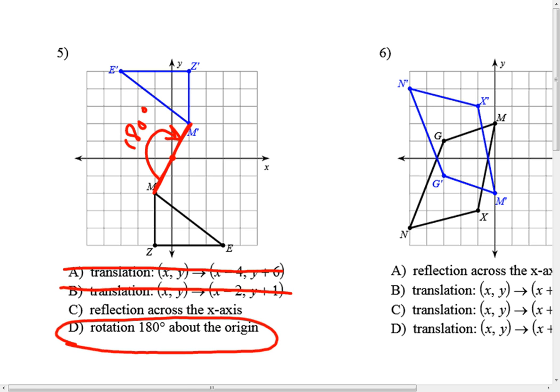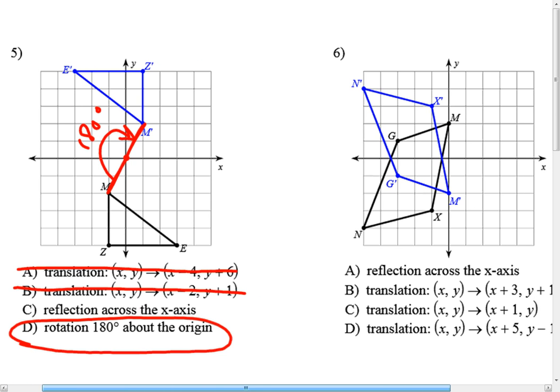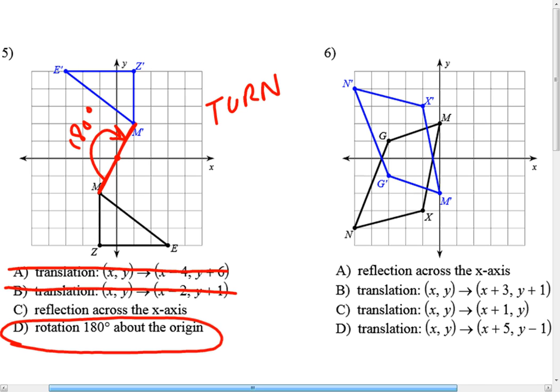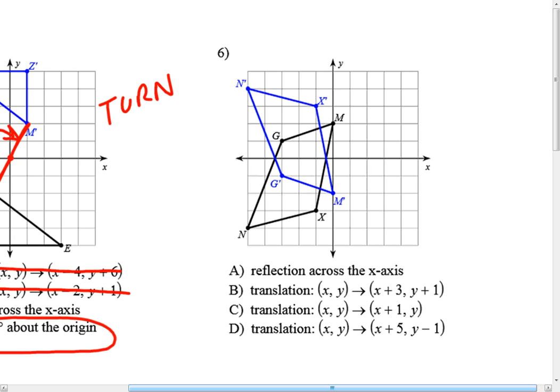Half circle. What's our short word for a rotation? Turn. We have flips, we have slides, we have turns. That's just for you to know.